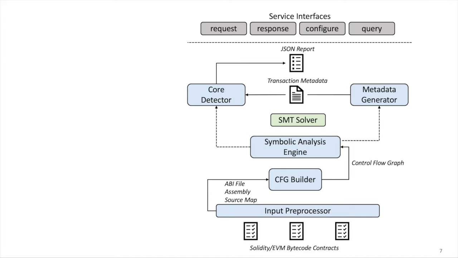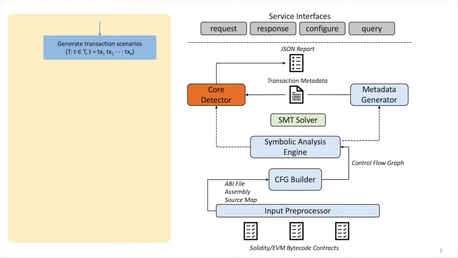The detection of unfair payment is performed by the core detector in SAFEPAY, which takes as input a group of transaction metadata and produces a JSON report for unfair payment issues. The core detector is invoked by the symbolic analysis agent at runtime.